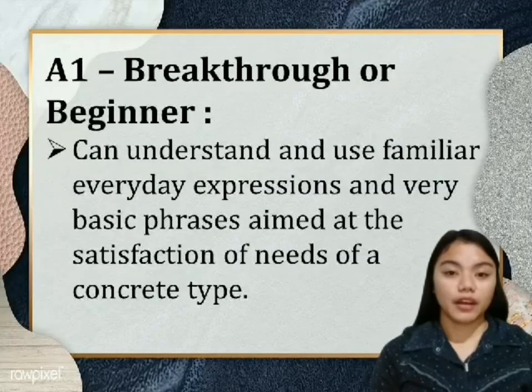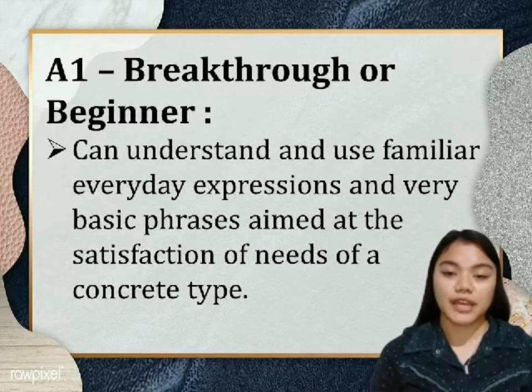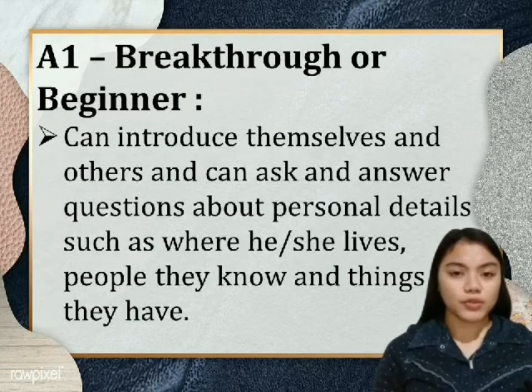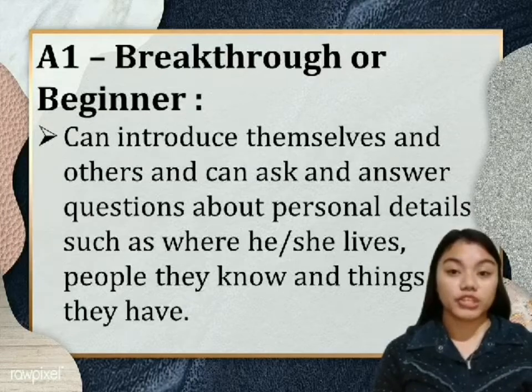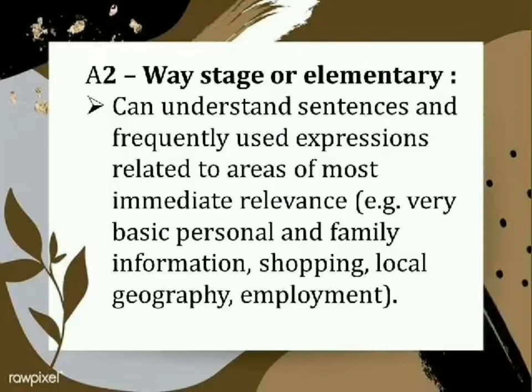The A1 are the breakthrough or beginner level. They can understand and use familiar everyday expressions and very basic phrases aimed at the satisfaction of needs of a concrete type. They can also introduce themselves and others, and can ask and answer questions about personal details such as where they live, people they know and things they have.